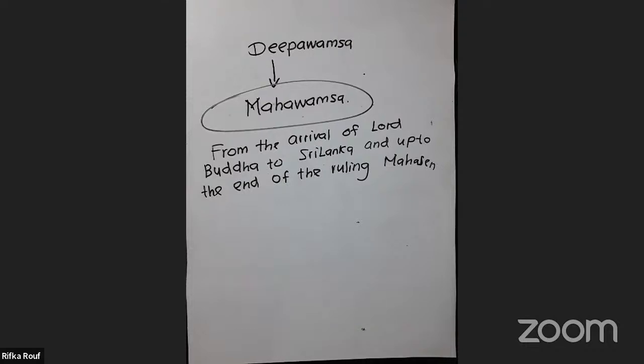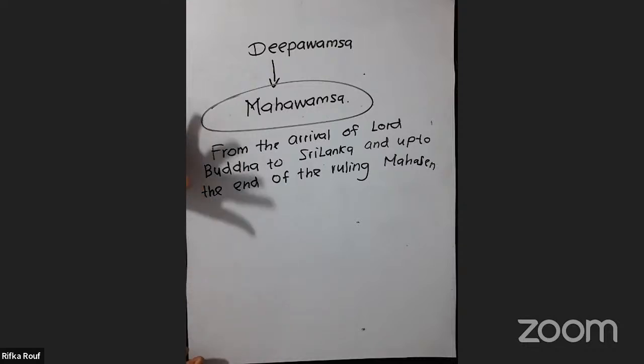Okay, so after that, children, you know that there are a number of other annotations. Mahavamsa is considered a more credible historical source because some historical events recorded in it have been substantiated by inscriptions and some other sources.